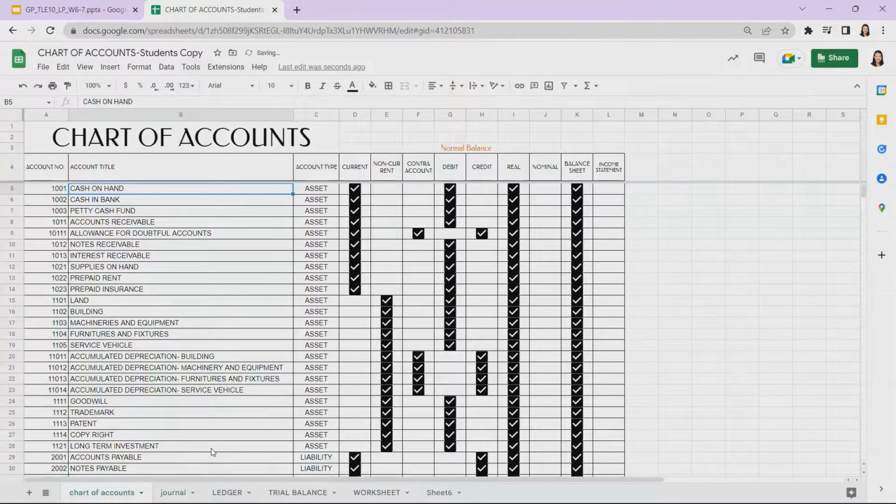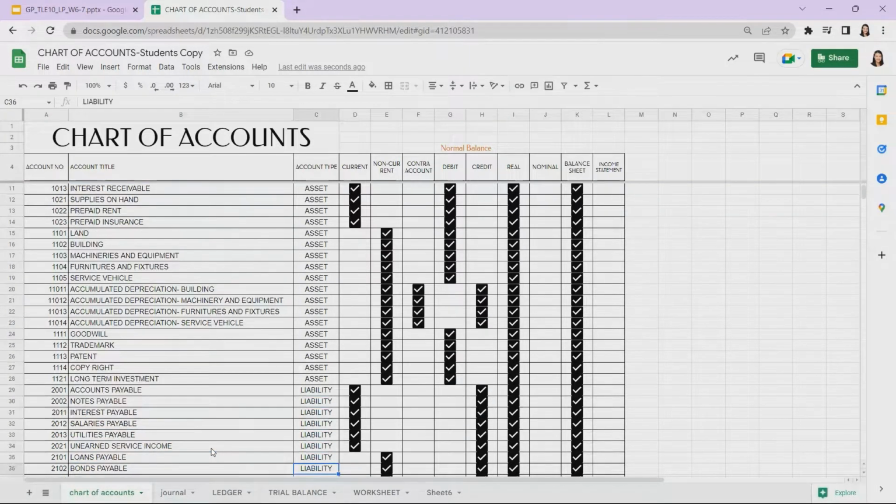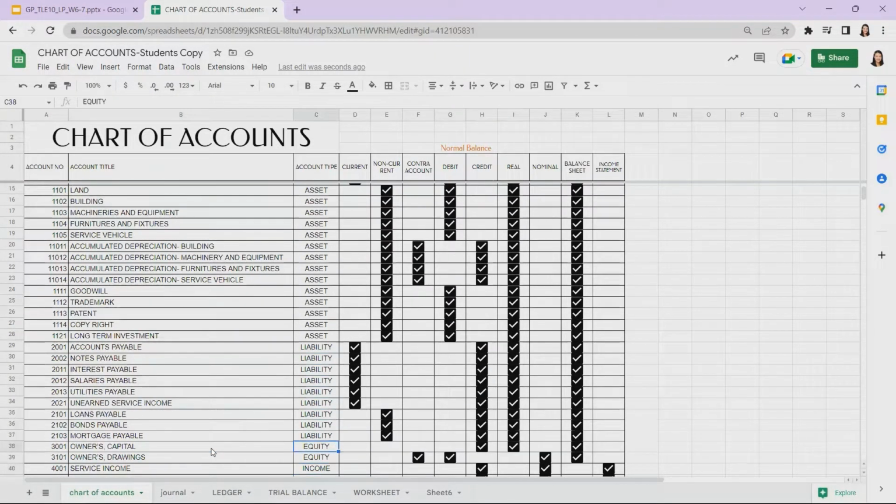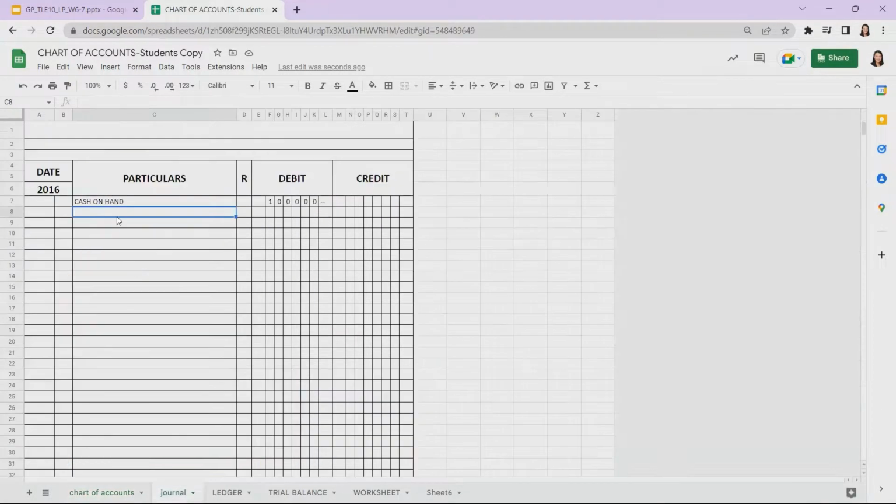Check tayo dito kay chart of accounts. Hanapin natin yung mga equity account. So we have here 2 equity accounts, owner's capital and owner's drawing. Since this is an investment, nag-invest, we have to use the account title owner's capital. Since the name of the owner is not stated, we will write owner.